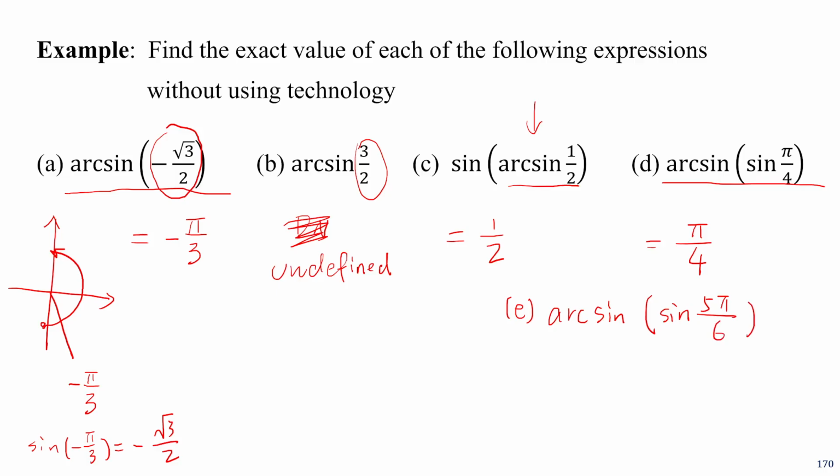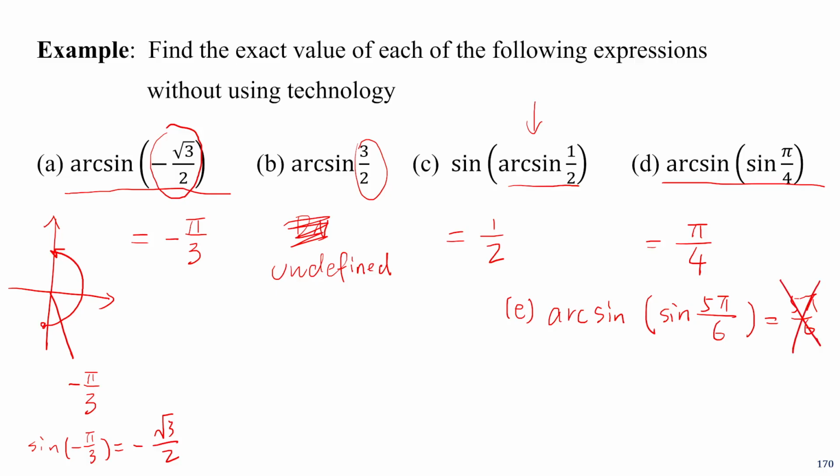Alright, let's have a look at the solution. So does it equal 5 pi over 6? No, it doesn't, because we know arc sine is the angle between negative half pi and half pi, right? So we cannot just write 5 pi over 6 because that angle is not within that interval.